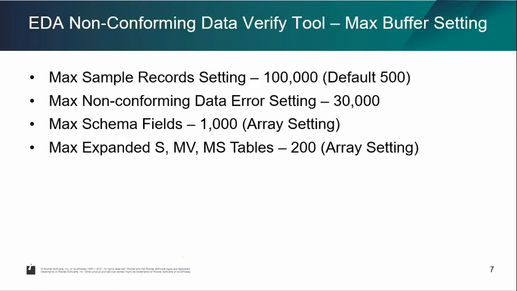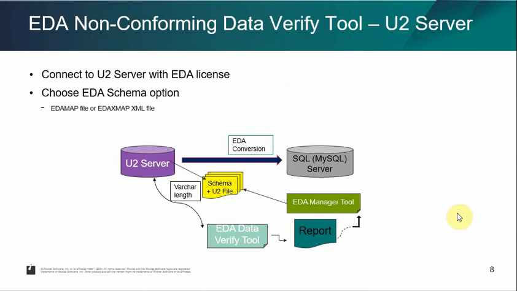This tool has some limitations, but it is pretty easy. I set up some default settings, for example a maximum length. For the non-conforming tool, normally you can connect to a Unidata or Universe server, and in my test case to MySQL or SQL Server.